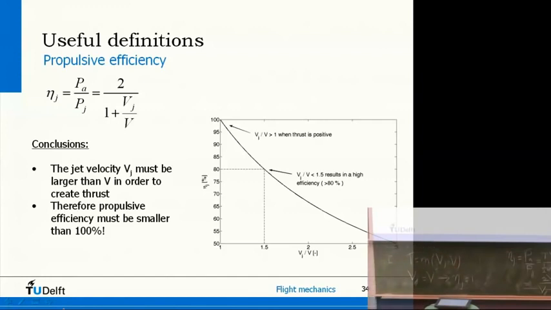So if you start creating thrust, the jet velocity will be higher than the airspeed, and therefore this eta j, which depends on these two terms, will always be smaller than 1. So in order to transport yourself, you have to accelerate air, which means you leave energy in the air, which means the efficiency of your system is always smaller than 100%.